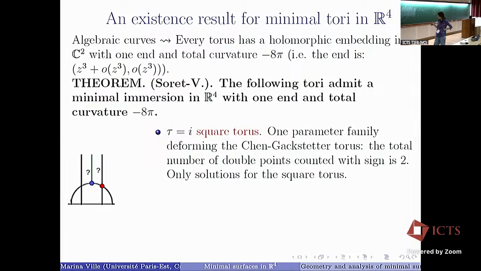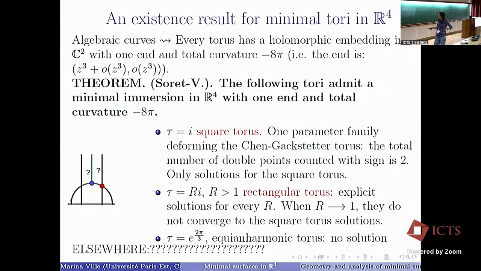And then this is the vertical axis. I don't know if you can see, but I drew it in green. This is a rectangular tori, which means the fundamental domain is a rectangle. And we have explicit solutions for every R. And actually, I'm so sorry, when R tends to 1, they do converge to the square torus solution.